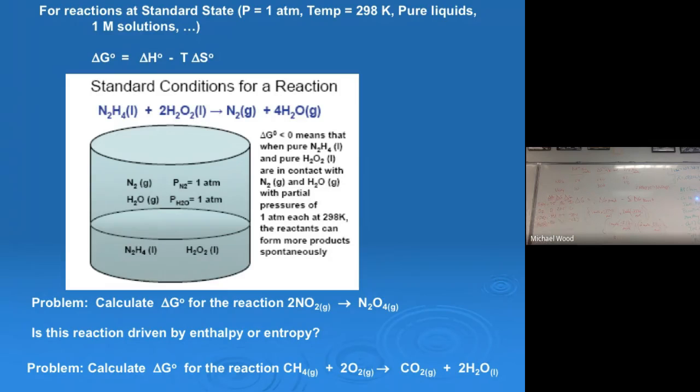I got negative 817. We good? And I'll tell you too, if you care to look at this, the delta H, if you went through the process here, is negative 890.3 kilojoules. And the delta S I got was negative 242 joules over Kelvin. If you care to try that.